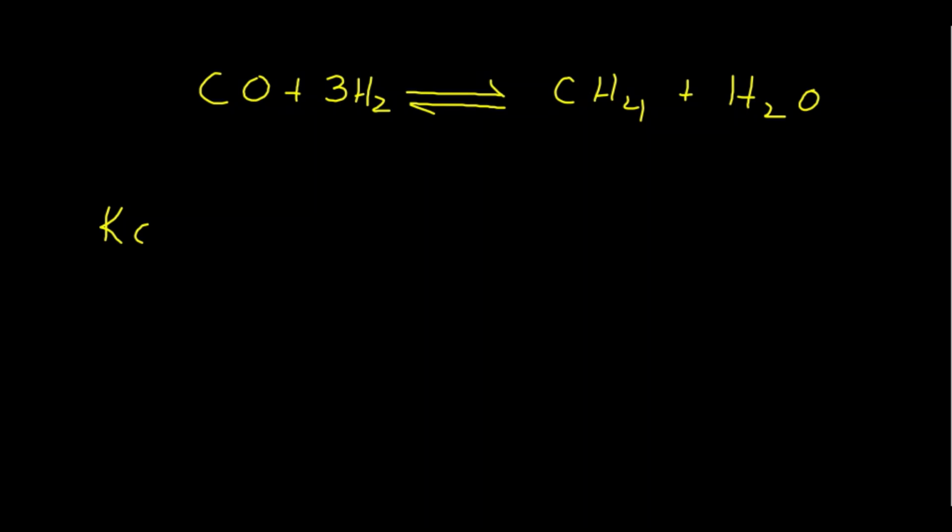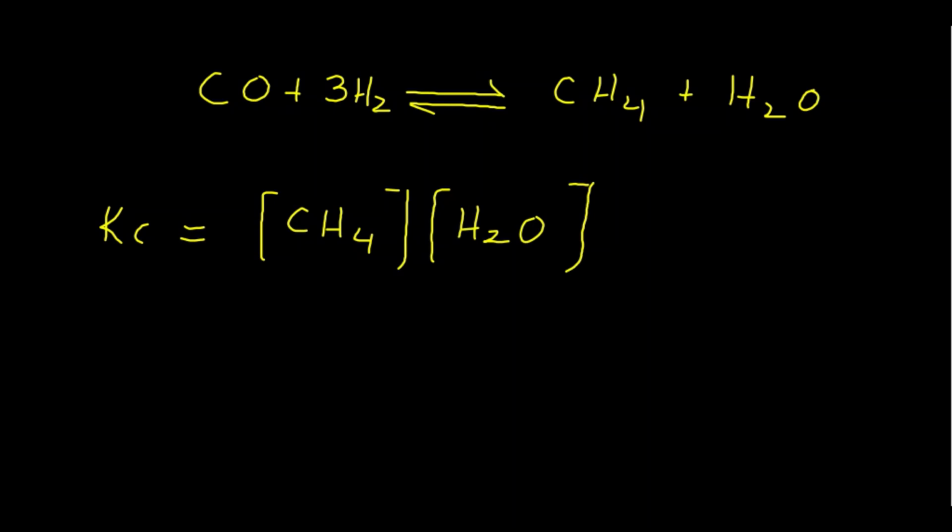So Kc for this reaction is equal to, products should be written as numerator, while reactants should be written as denominator, and the coefficient of the balanced equation changes to power. So what products are given here? CH4, right students, and water. These are the products for this reaction. And what reactants are given?